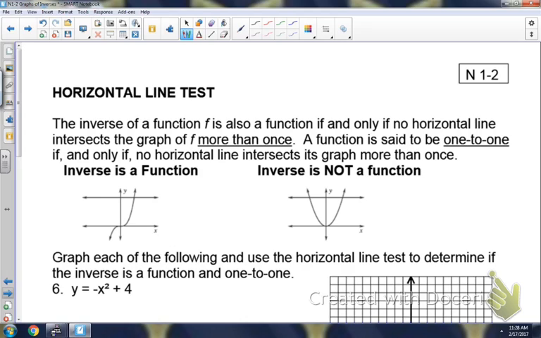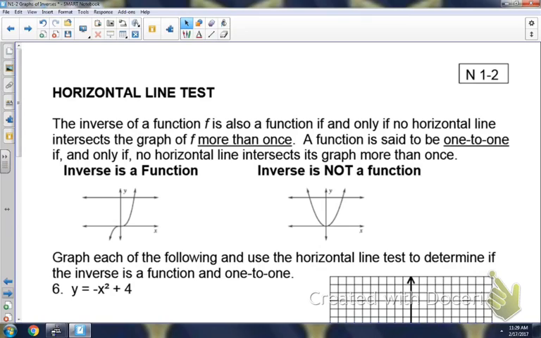Okay, so there is a way that you can figure out if the inverse is a function without even graphing the inverse. So the inverse of a function f is also a function if and only if no horizontal line intersects the graph more than once. So it's called the horizontal line test.